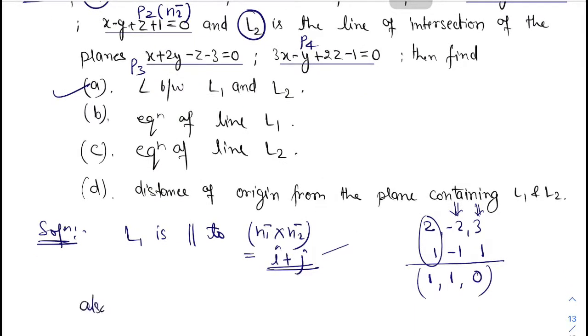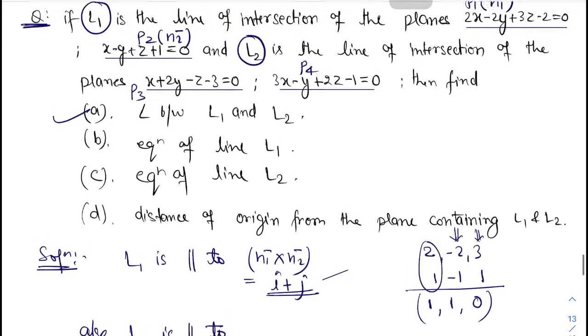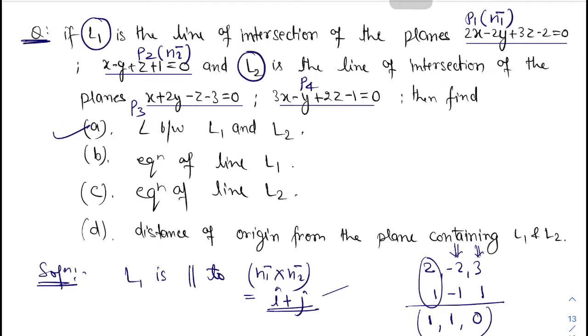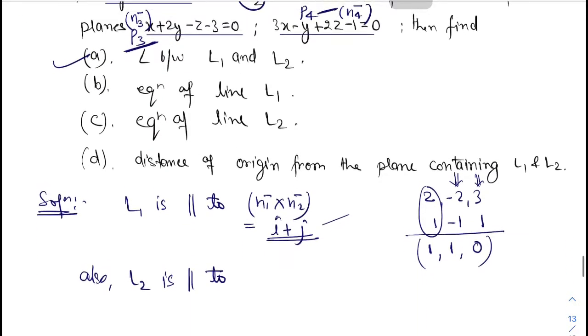Also, L2 is parallel to, because L2 is the line of intersection of planes P3 and P4. If I consider the normal vector of P3 to be n3 vector and the normal vector of plane P4 to be n4 vector, then our line of intersection L2 will be parallel to n3 cross n4.